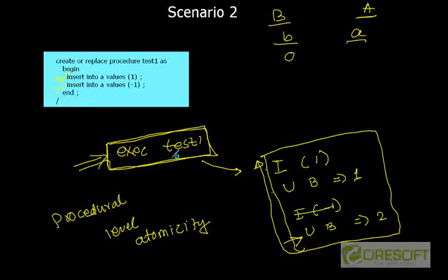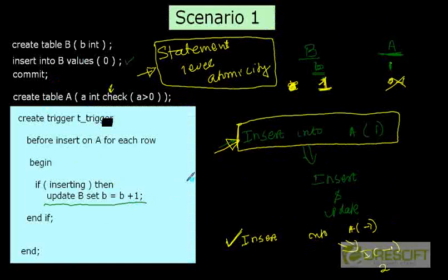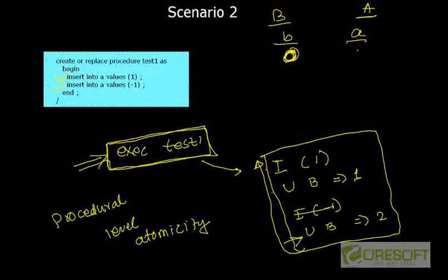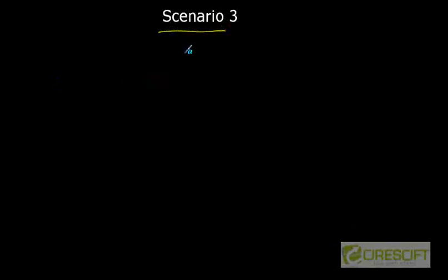So at the end of execute test1, there will be 0 rows here, the value is 0 here, and nothing will be inserted here. We started with statement level atomicity, where we make one statement successful. Then we came to procedural level atomicity, where we combined a couple of things.